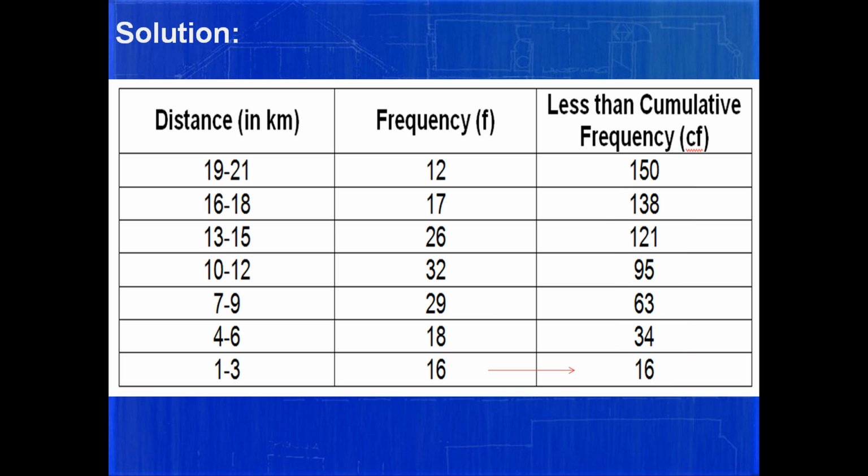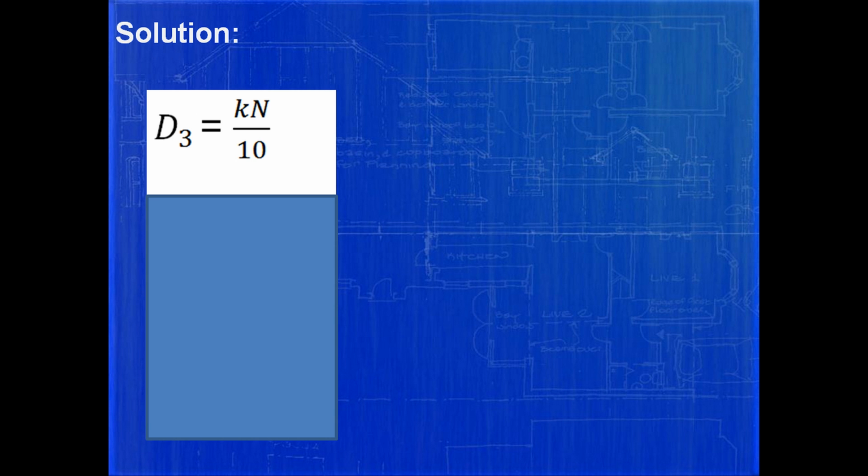Now just copy 16 and then 16 will be added by 18, that becomes 34. And 34 added by 29 is 63. And so on until you verify that there are 150 participants.